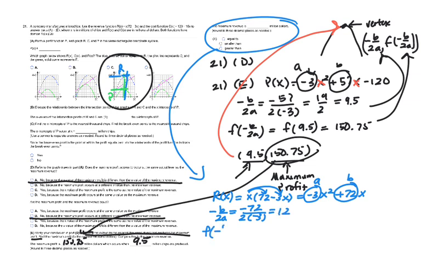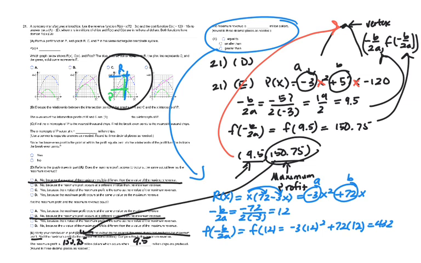And we'll evaluate f at negative b over 2a. So f of 12 is equal to negative 3 times 12 squared plus 72 times 12, and we get 432.